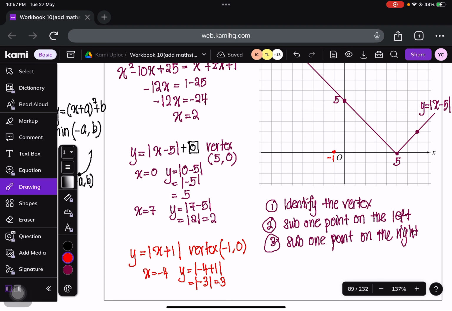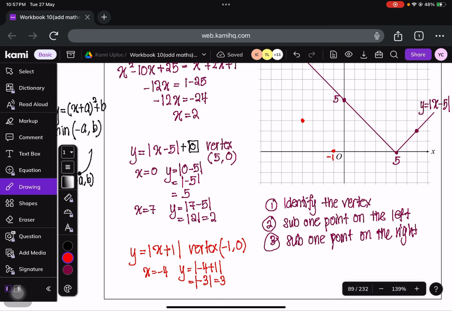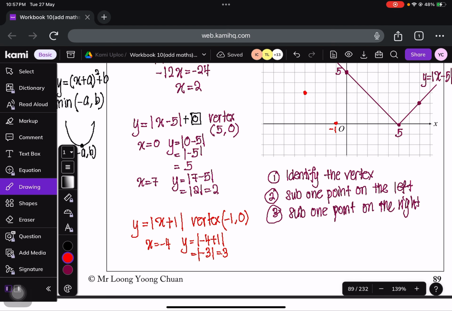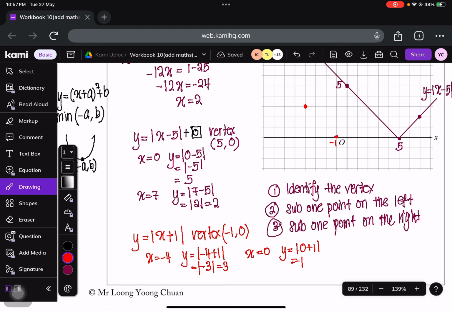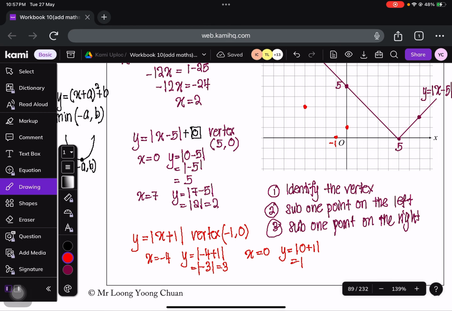Then 1, 2, 3 is here. The point is here. Then you choose any point on the right. So I will choose 0, because the right side is here. So x equals 0, I get y equals modulus 0 plus 1, which equals 1. So that's why my point is here, which is 1.